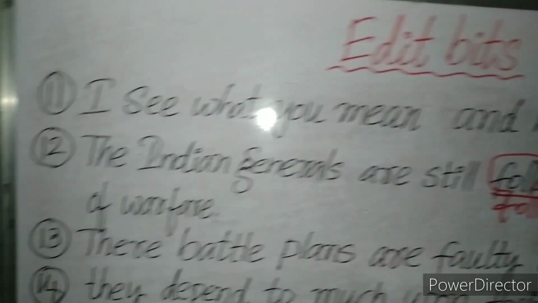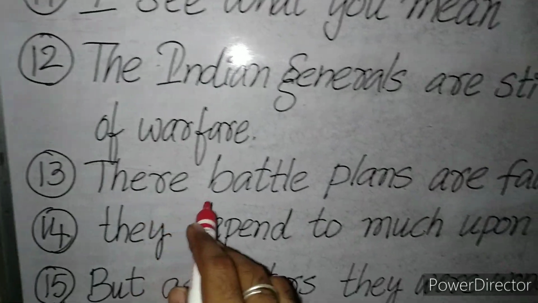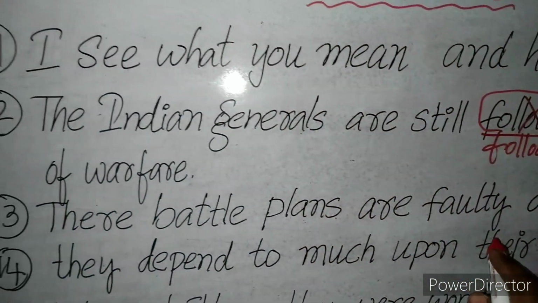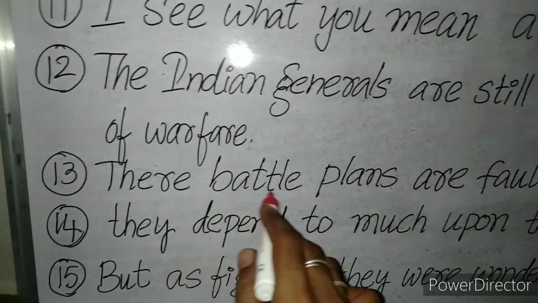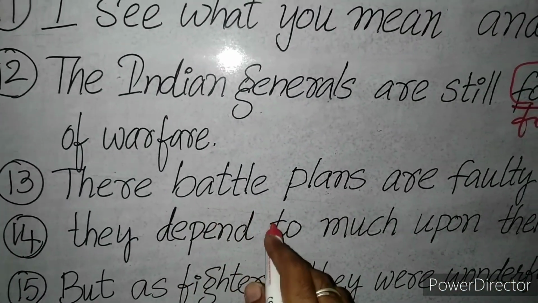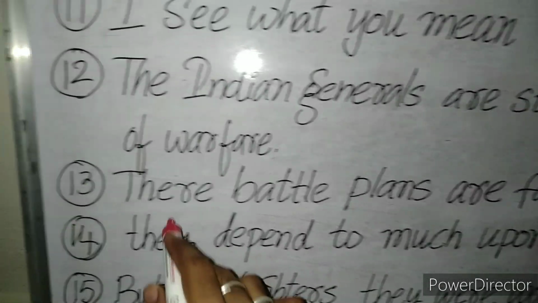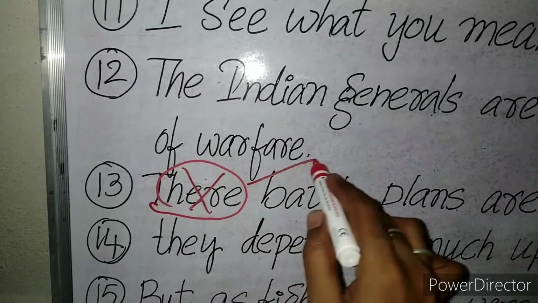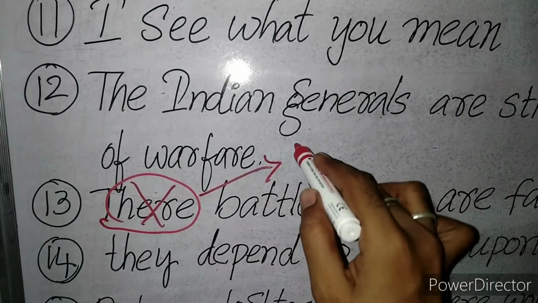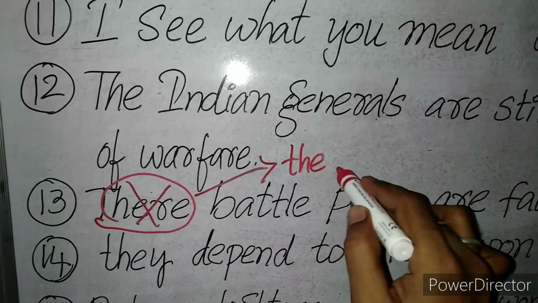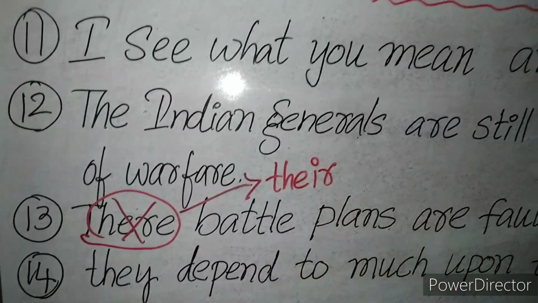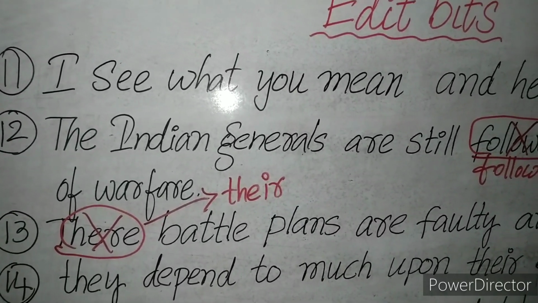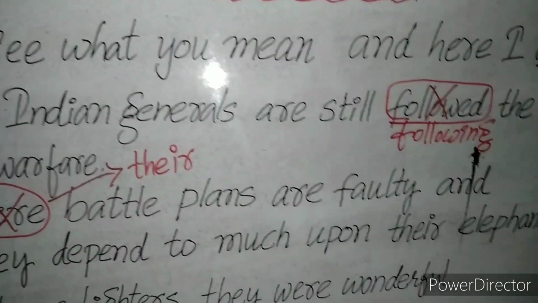Okay. It means in edit bits they will check all the tenses, present, past and future. Now the 13th one, their battle plans are faulty. Whose battle plans? Their here is wrong. So the answer is here there. There means soldiers. The soldiers' battle plans are faulty.